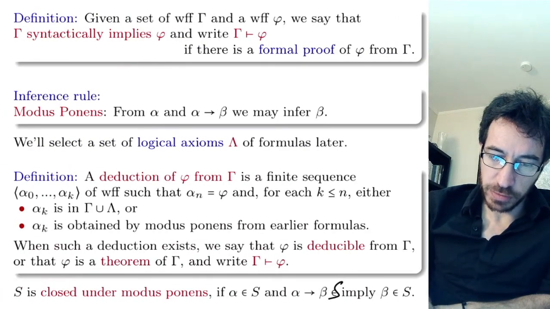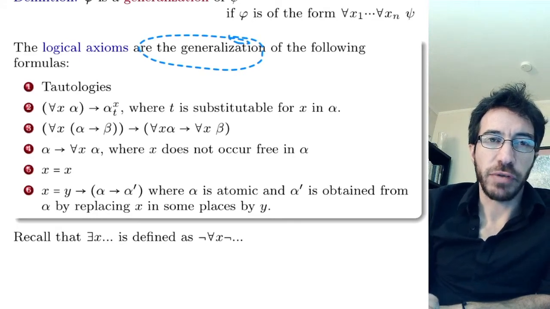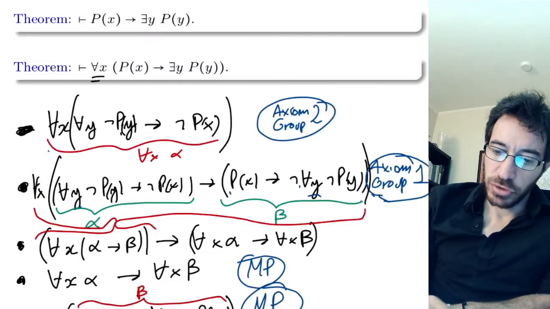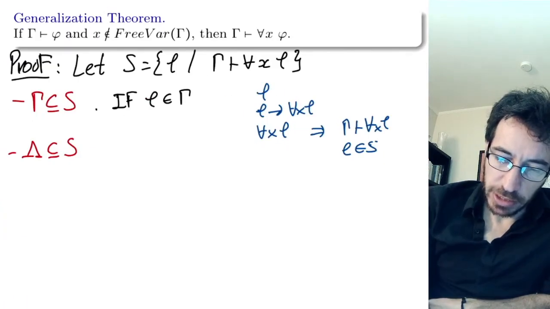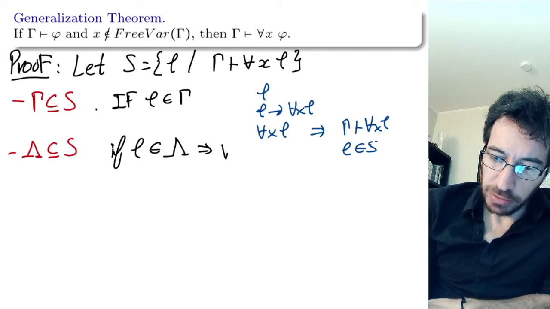So the axioms, we can always put a for all in front of an axiom and we still get an axiom, right? So all the generalizations of any axioms are still axioms. So essentially what I'm saying here is that if phi is in gamma, then for every x phi is also in gamma.